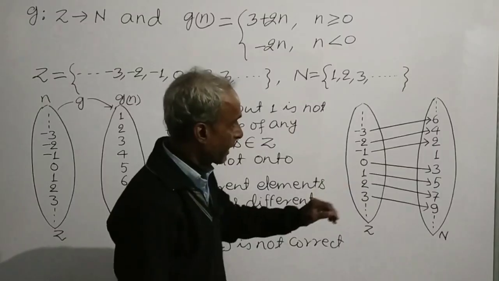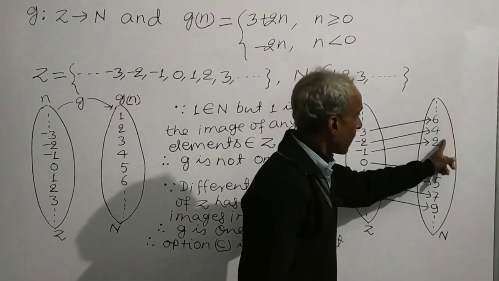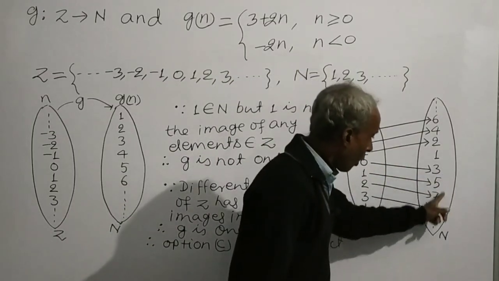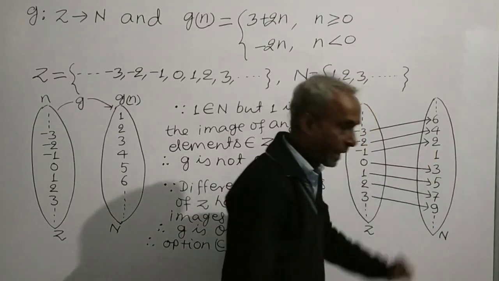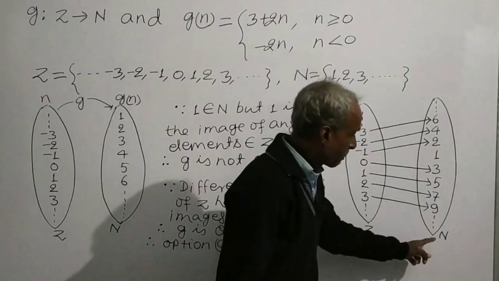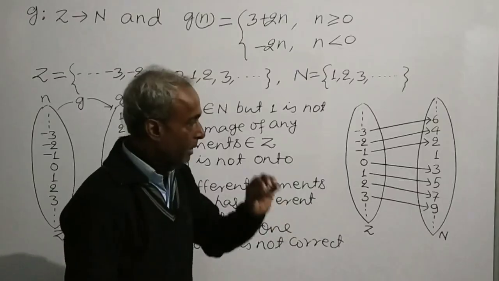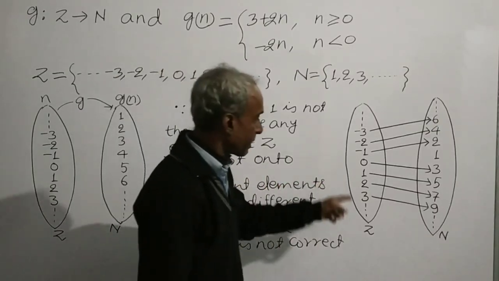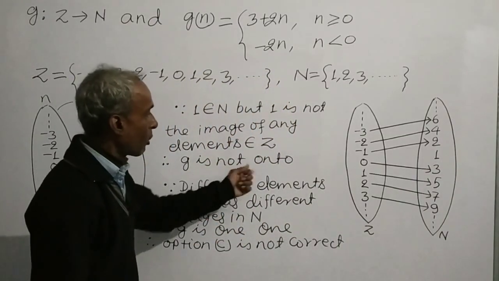We observe that every even natural number is an image. Every odd natural number is also an image except 1. Since 1 is present in this set, but 1 is not the image of any element belonging to this set, therefore g is not onto.